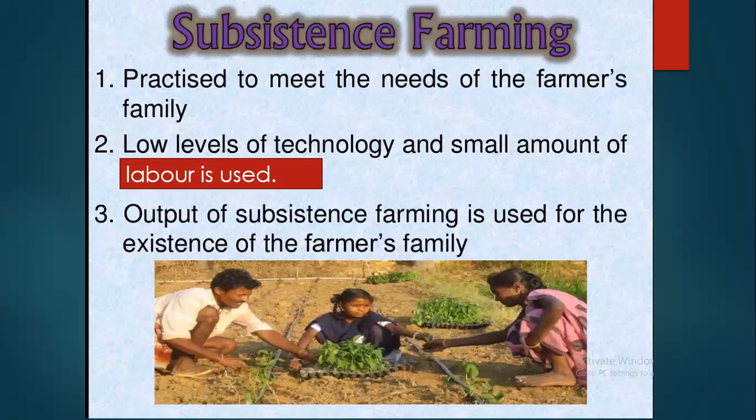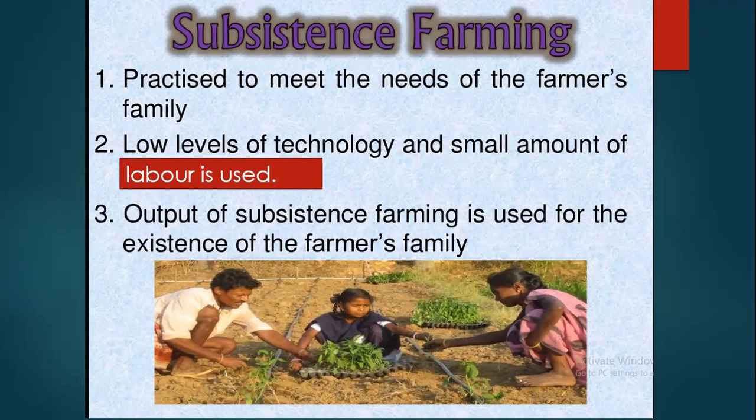Now, what is subsistence farming? Subsistence farming is practiced to meet the needs of the farmer's family. According to those needs, subsistence farming is practiced. Here, they don't use much modern technology. A very low level of technology is used, and labor is also very small in amount.